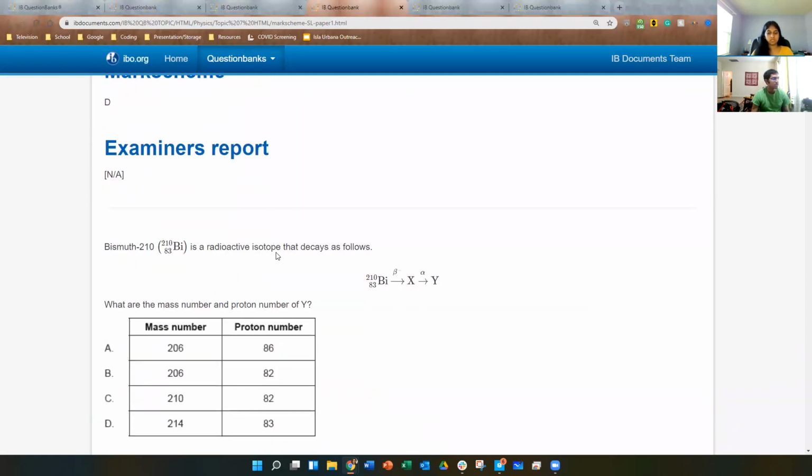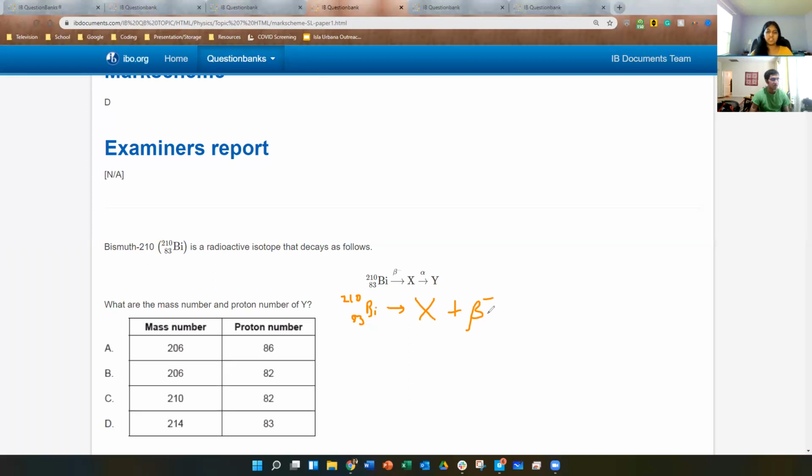Okay. Bismuth 210 decays like that. What are the mass number and proton number of Y? That's an interesting notation. I think we have to work this out. It's a beta minus decay and an alpha decay, so it's probably easier to write it out. So bismuth has 210, 83, right? And that goes into X, and then a beta minus.